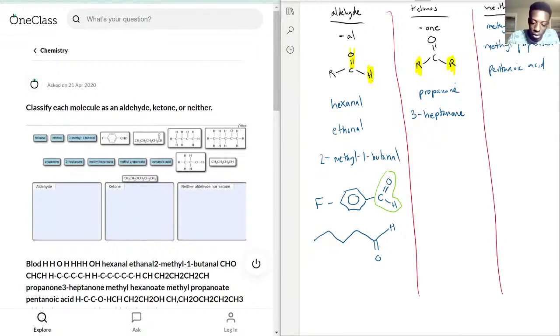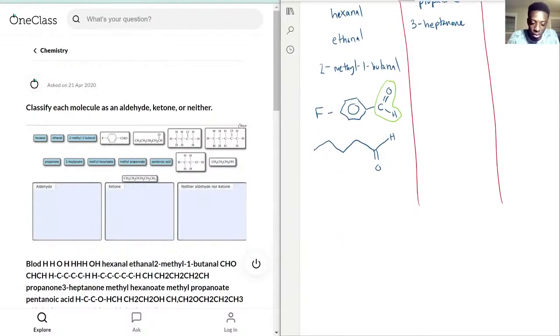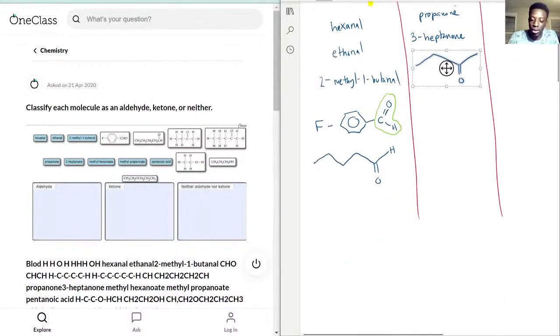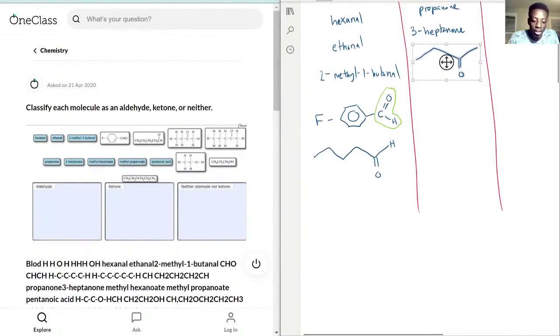If we go over to the next one, if we draw it, we get something like this. 1, 2, 3, and the oxygen is down here. But you see that there's the carbon right after it. This right here will count as a ketone because it's not followed by hydrogen, it's followed by carbon. Okay, so just like our picture shows, 2 groups on each side, that's a ketone.